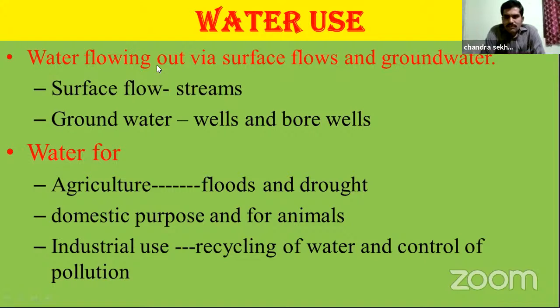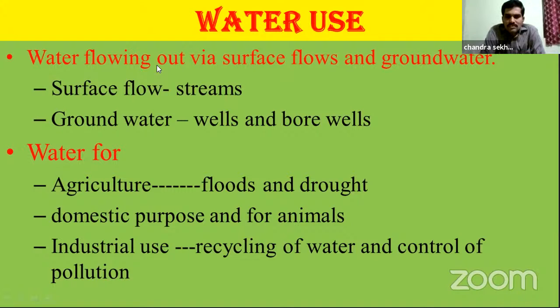Next, in our day-to-day life, we are using water for domestic purposes and for giving water to animals. So for domestic purposes and animals, we need water daily. Then the third one is industrial usage. For the development of society, we are establishing so many industries.